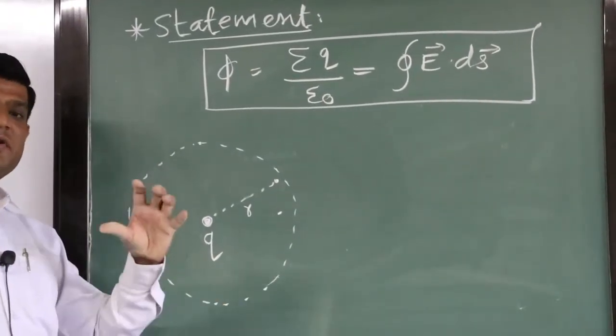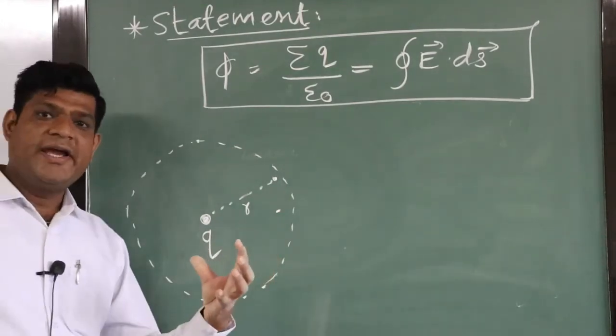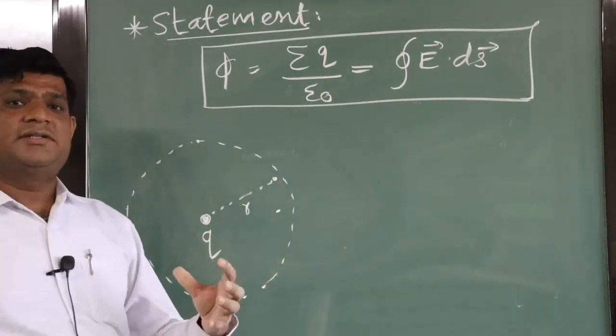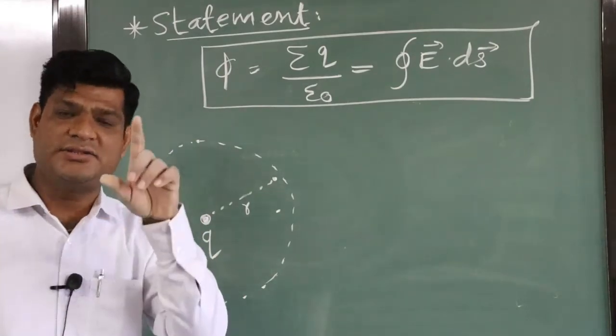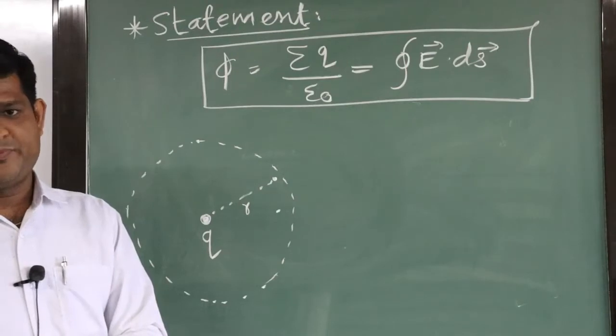In all directions we consider points at a distance r. So we get an imaginary surface that is known as the sphere, and that imaginary surface is known as the Gaussian surface, right?